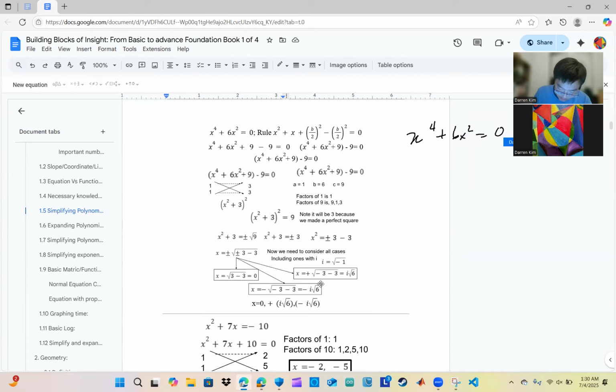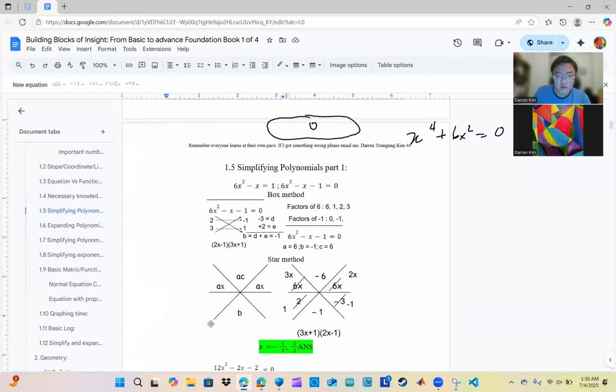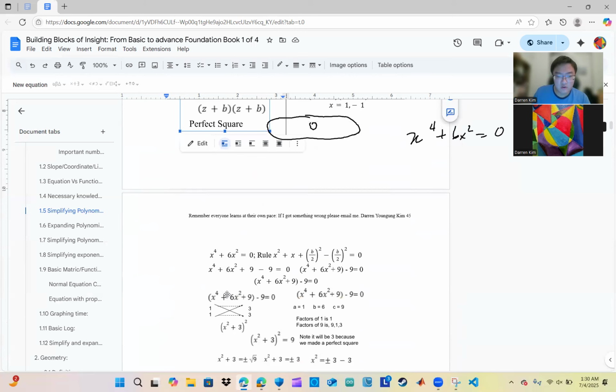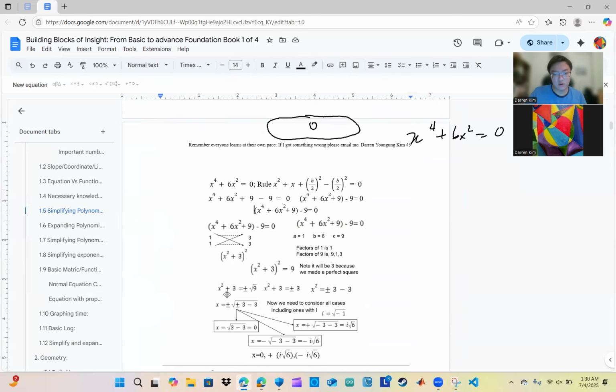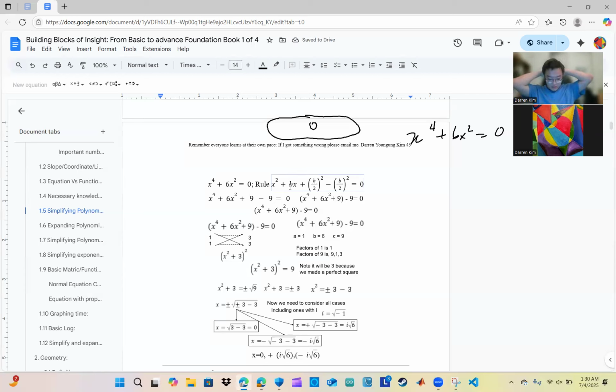Now, this is true if you know what b is. b is the middle, but I never explained it ever, so how did I expect you to know? Oh, I can actually change this. Let me put it this way, to make it easier for you.